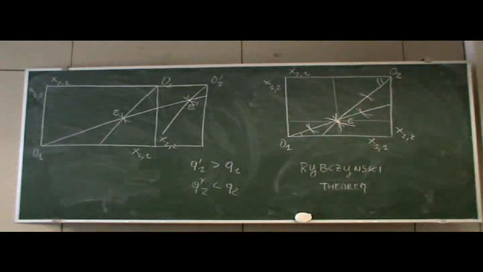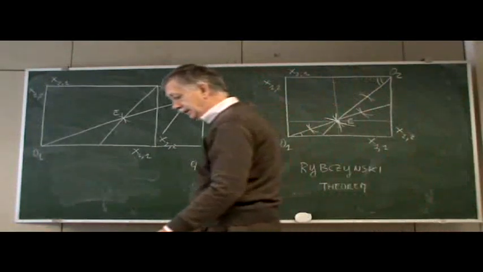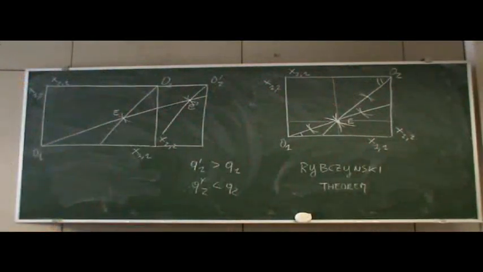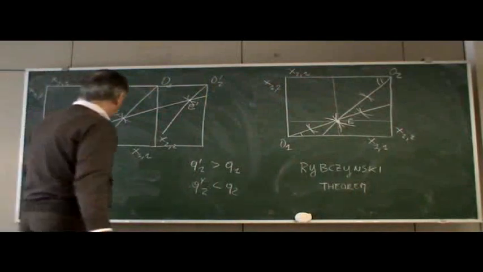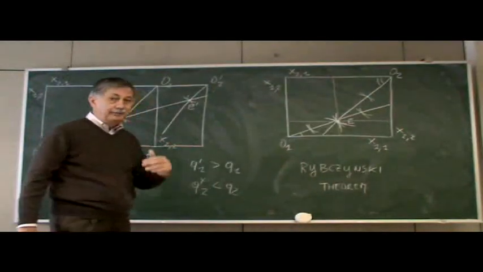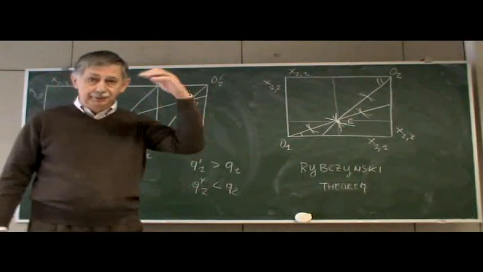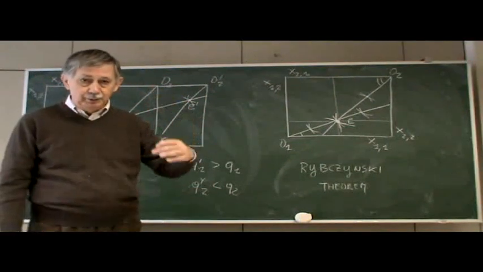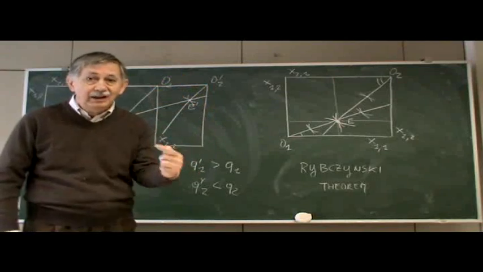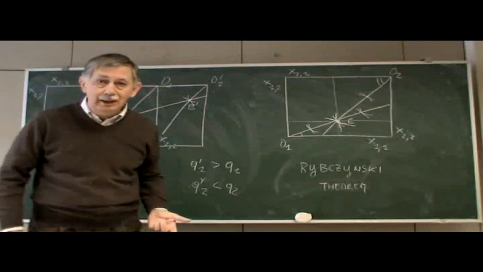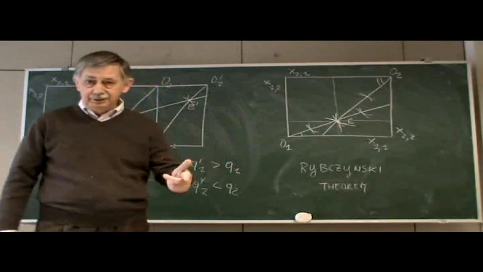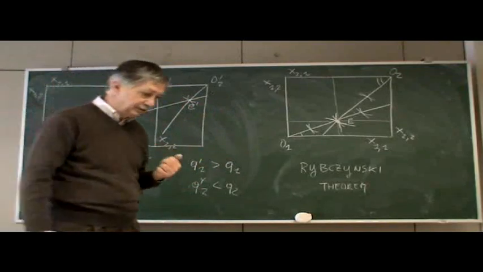Rybczynski was a Polish economist. This theorem tells us that when the quantity of a factor increases, the equilibrium quantity of the good which is more intensive in that factor increases as well, while the quantity of the other good decreases.